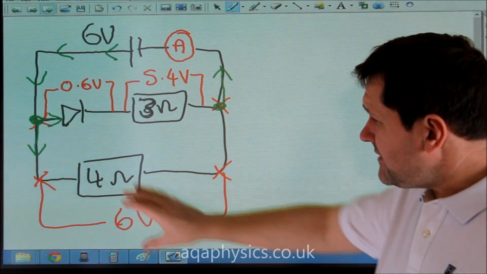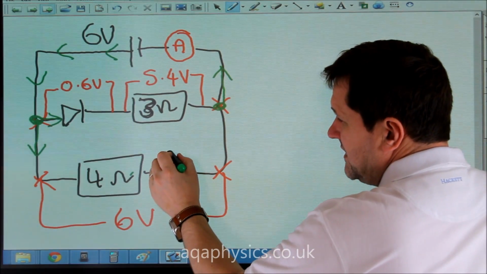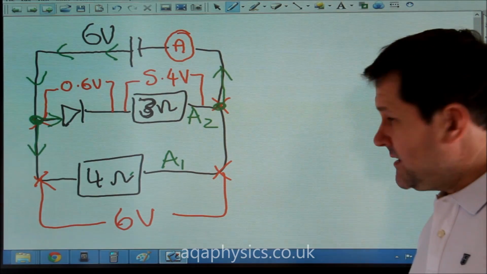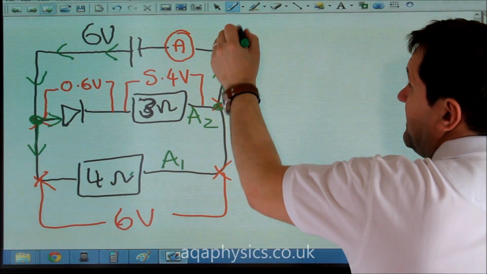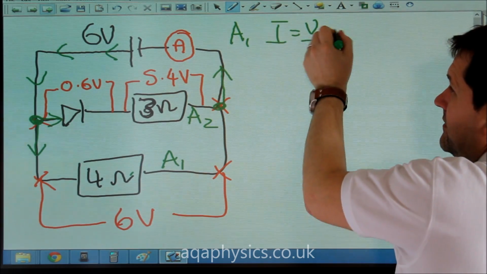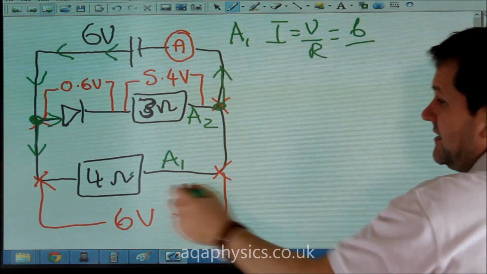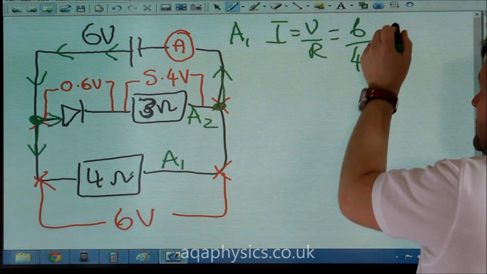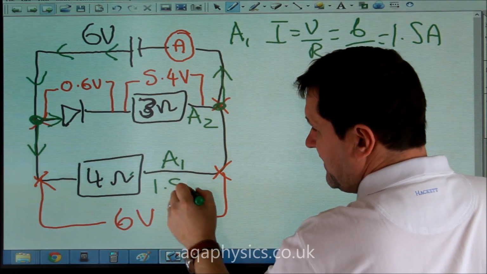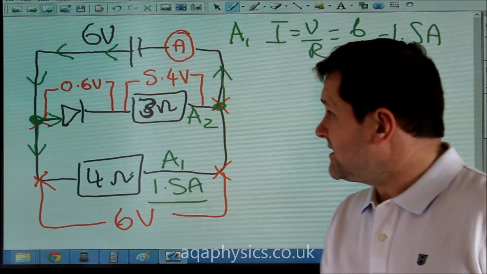Now then, this one here, we could call this A1, and we could call this branch A2. So for A1 we could say I is V over R, the voltage is 6, the resistance is 4, which is 1.5 amps. So we know we've got 1.5 amps flowing through this branch.